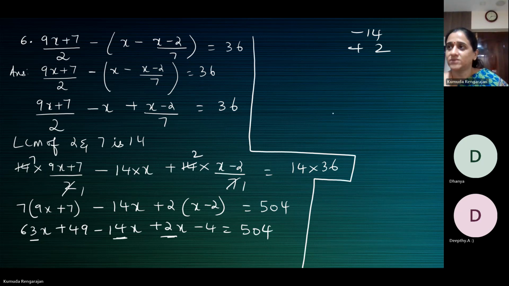Different signs, subtract, and put the sign of the greater number. There's another x term, right? 63x. When you simplify minus 14x and plus 2x, you get minus 12x. Now minus 12x has to be worked with 63x. 63x minus 12x.